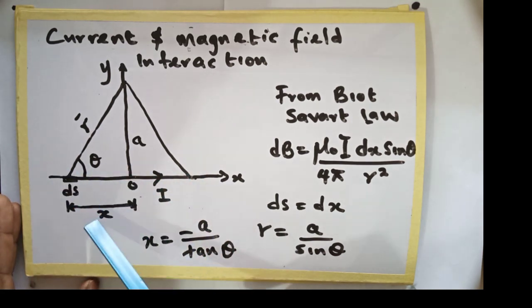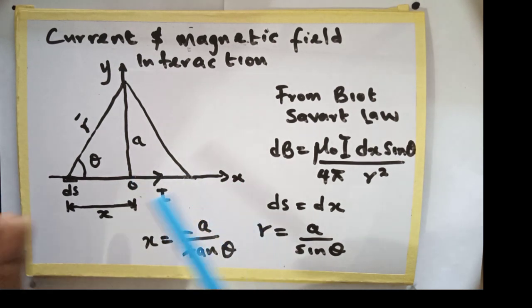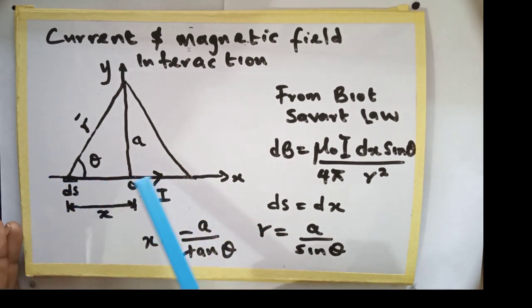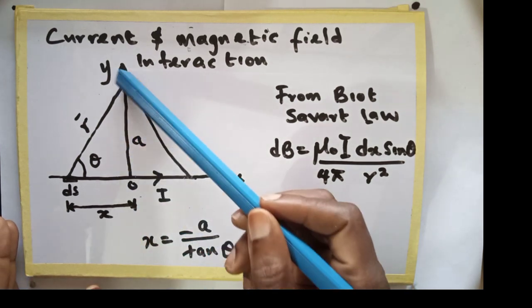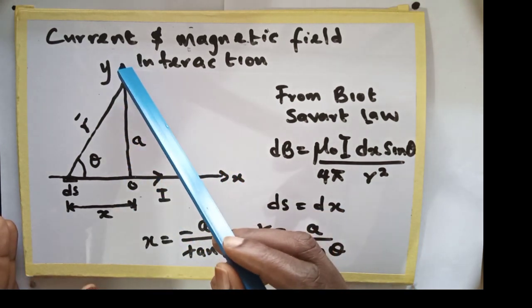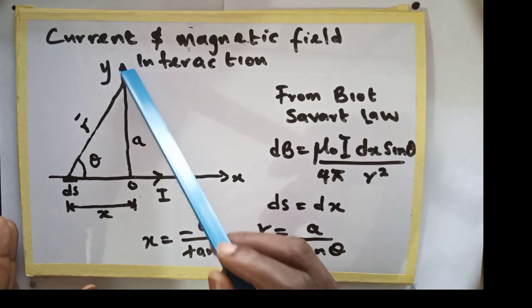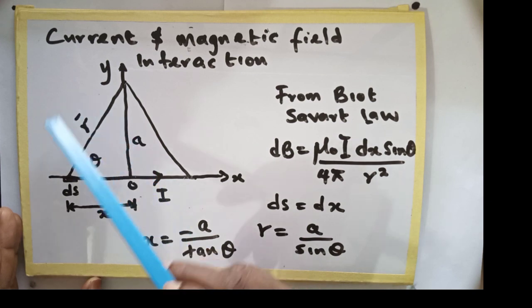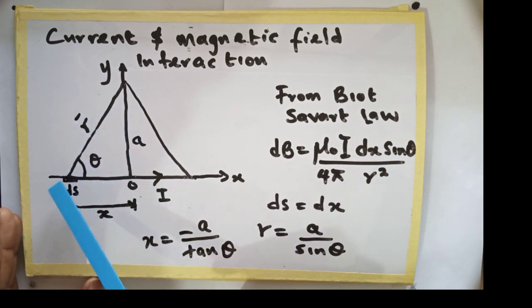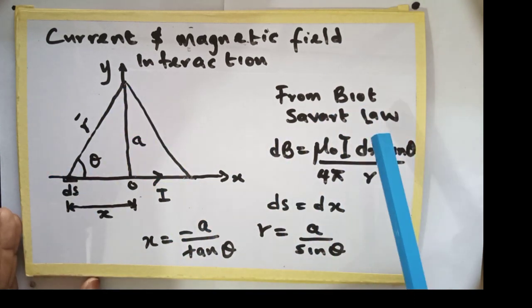From here to here is x, and from here to here is x. This side is negative x and this side is positive x. The distance from this point to this point is a, and we are interested in determining the magnetic field at this point. The distance from this point to this point is the vector r, and the contribution of the magnetic field as a result of this small element is given by this expression.